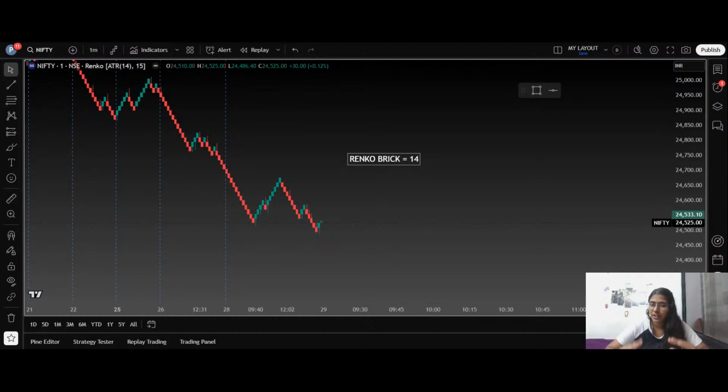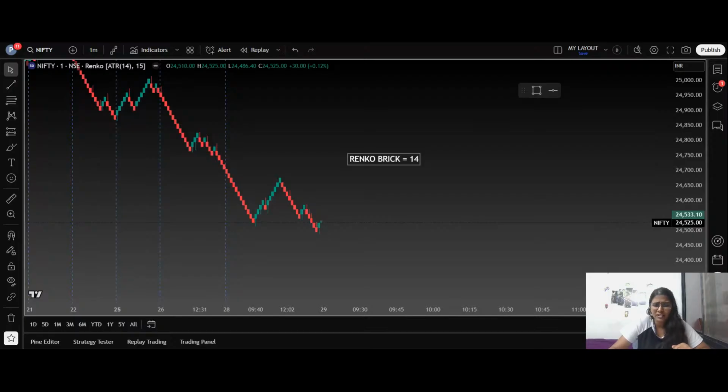So when my price moves by 14 points, it is going to form a single Renko brick. If it is going up by 14 points, then the Renko brick will be green, and if it is coming down, then the Renko brick will be red.